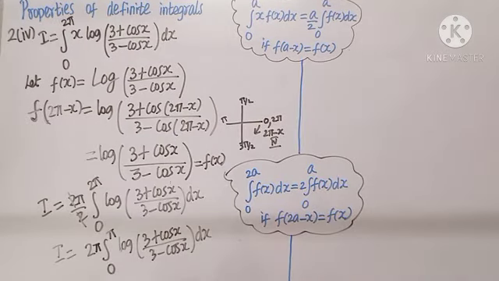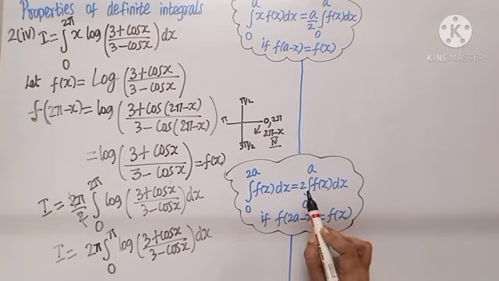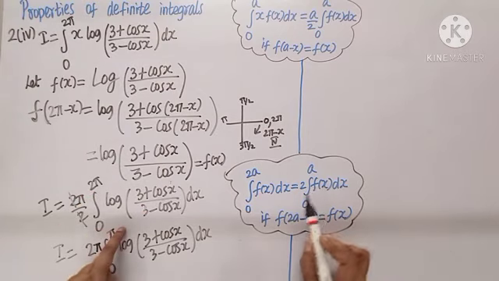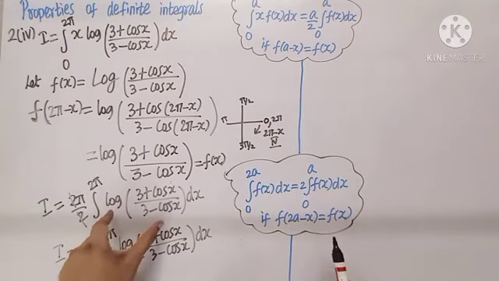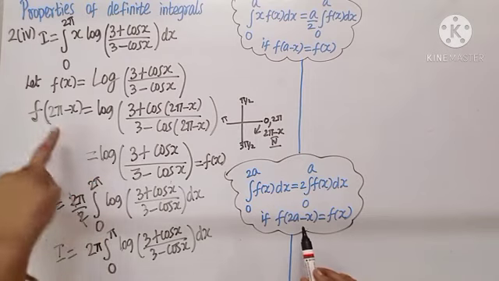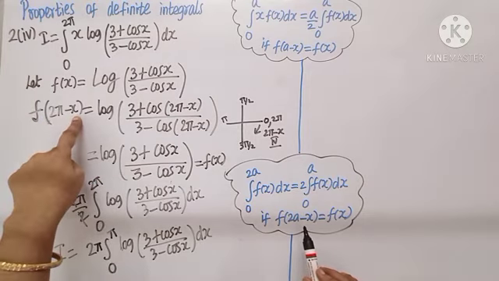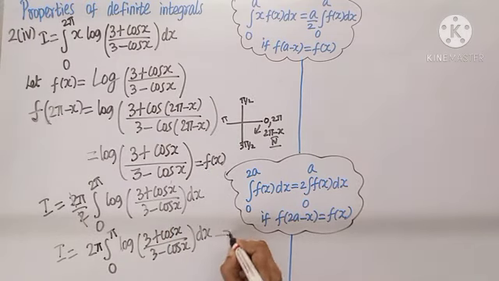As I apply this property, pi comes as it is. 0 to 2 pi, this integral becomes twice 0 to pi. 2a becomes a, 2 pi becomes pi. Log dx, no change, write as it is. Because we have shown here 2 pi minus x, if I put, I get the same f of x only. Now call this as number 1.